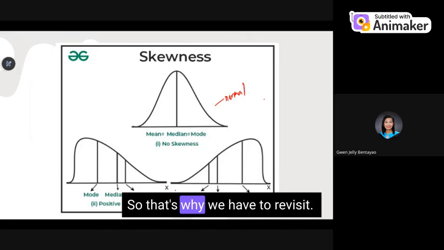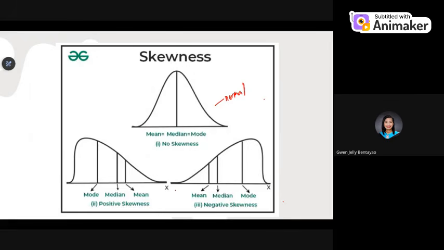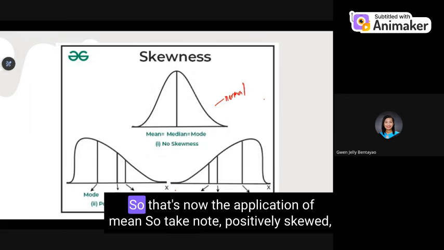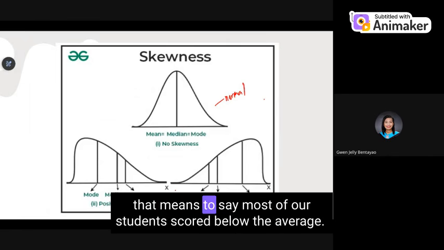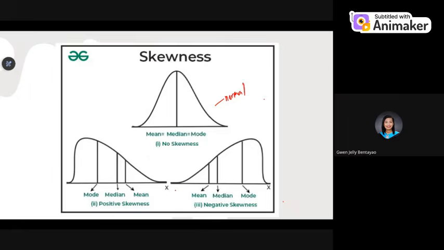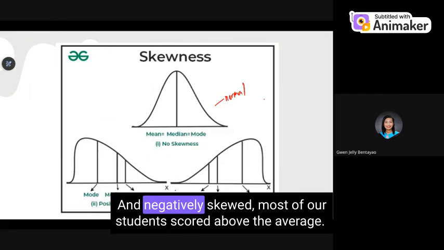So that's why we have to revisit and check. That's the application of mean, median, and mode in the assessment of learning. Take note: positively skewed means most of our students scored below the average, and negatively skewed means most of our students scored above the average.